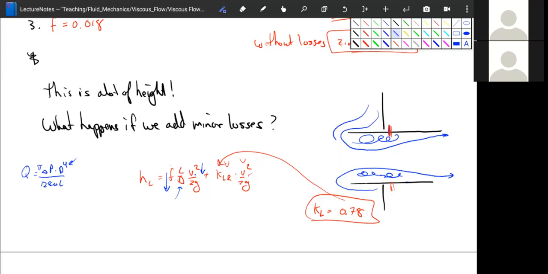And frankly, we could change our friction factor. Remember, our friction factor is a function of our Reynolds number and our L over D. If you look at your Moody chart, we'll draw one here roughly. It goes down like this. So as we decrease our roughness, our e over D goes down and our friction factor goes down.